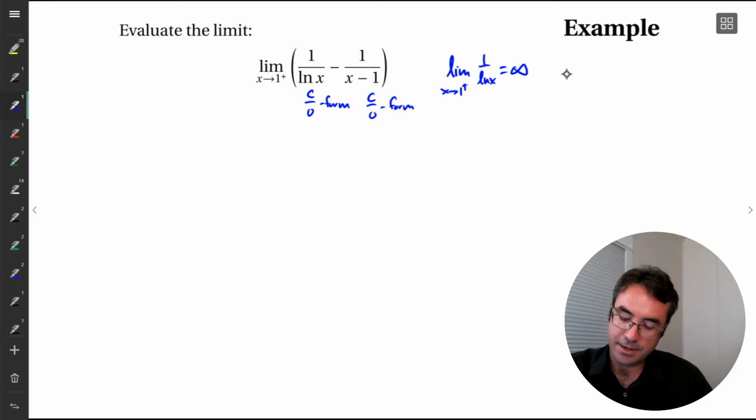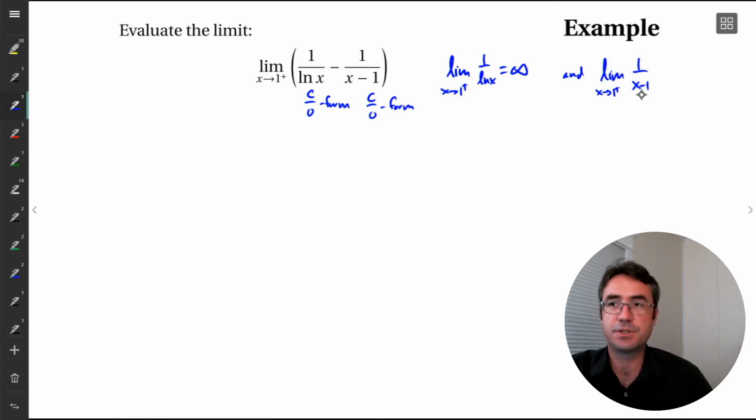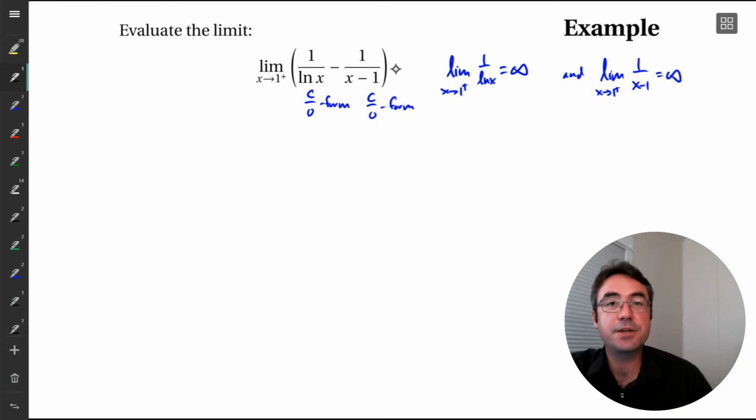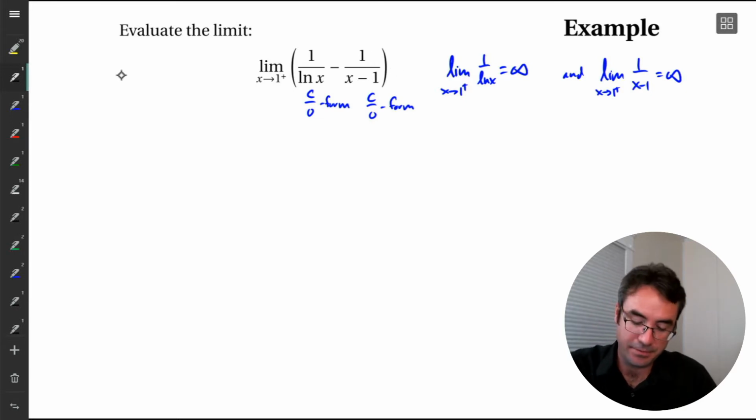And then you can also check that the limit of 1 over x minus 1 as x approaches 1 from the right is also a c over 0 form, so it's going to be either plus or minus infinity. If we use a test number, something close to 1 but slightly bigger, we end up with a positive. So this is also positive infinity. And so what we have here is an indeterminate infinity minus infinity form. It's our indeterminate difference.